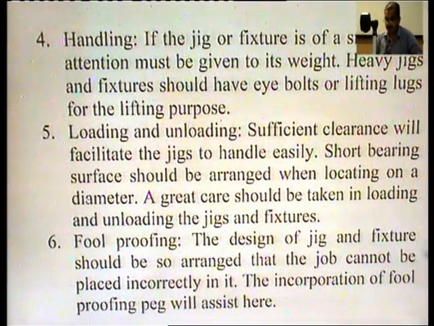Here the design of jigs and fixtures should be such that a job cannot be loaded or unloaded in an incorrect way. Design should be such, and to provide fool proofing system, some fool proofing pegs can be used here.